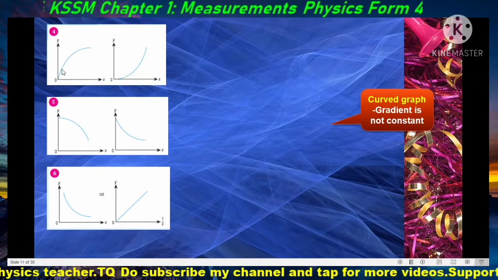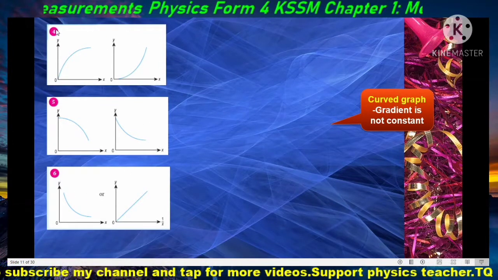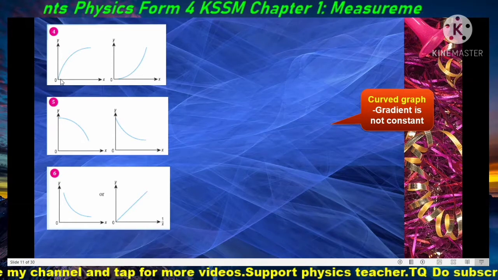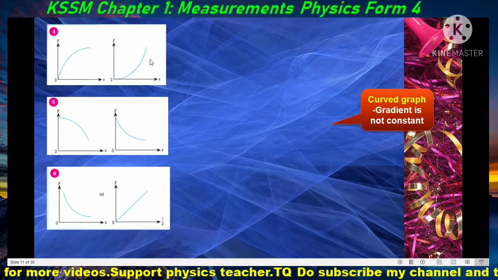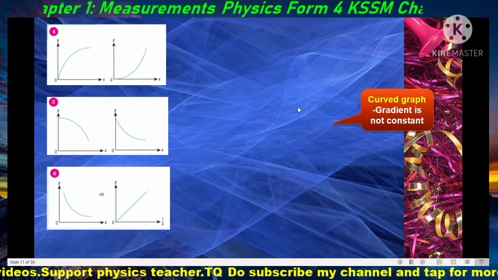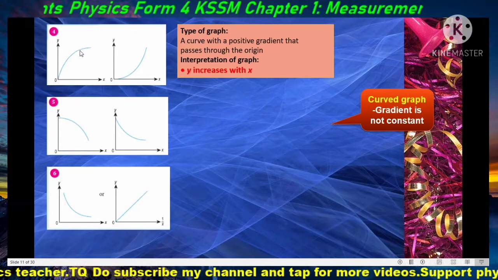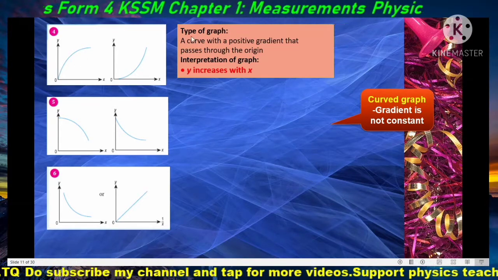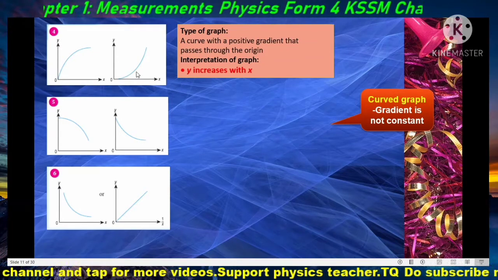Okay, next graph is a curve graph. For number 4, you can see the line curves upwards. This one curves downwards. But for this one, the gradient is positive. A curve with positive gradient that passes through the origin.